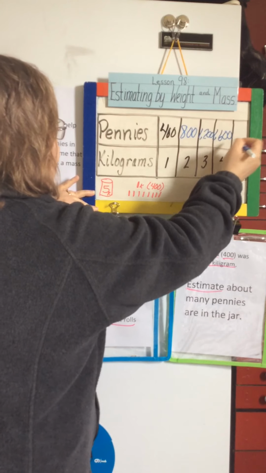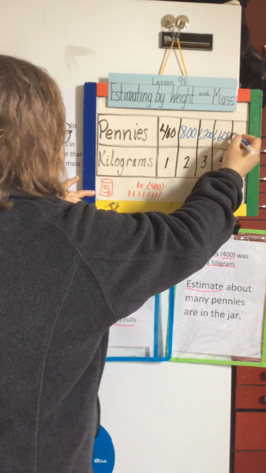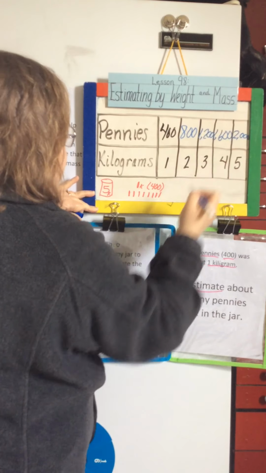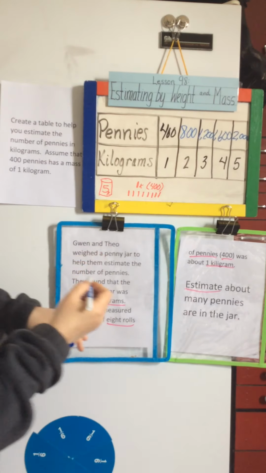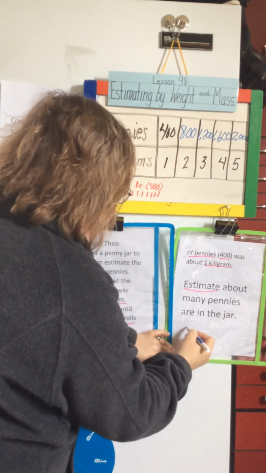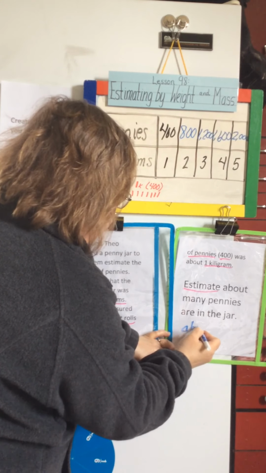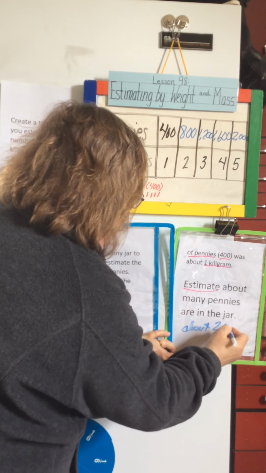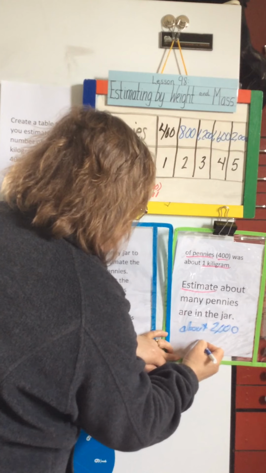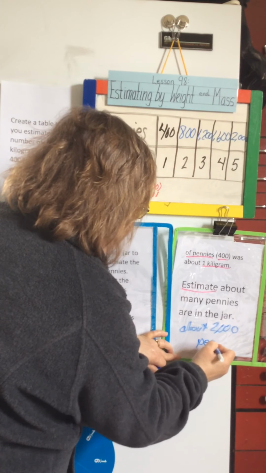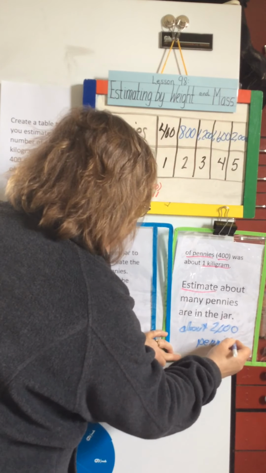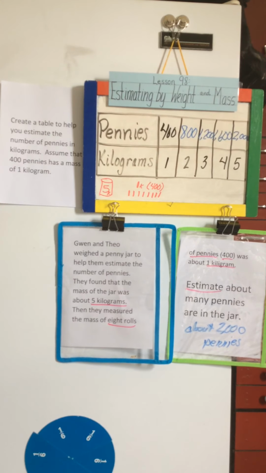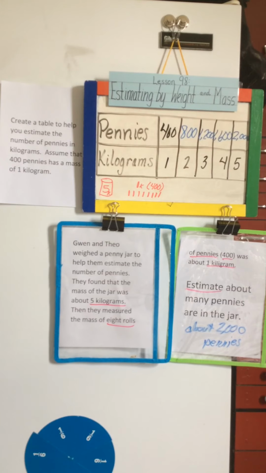And then 1,600 plus 400 more is 2,000. So we have a total of about, remember when we estimate, we always write about, 2,000, not kilograms, but pennies. We're converting from kilograms to pennies. And that is how we do the first problem.